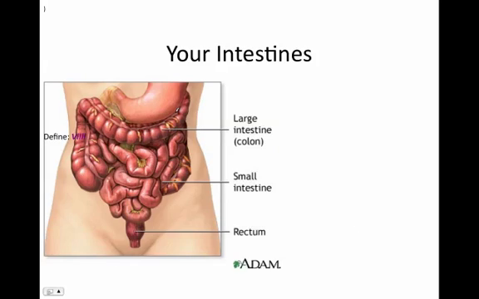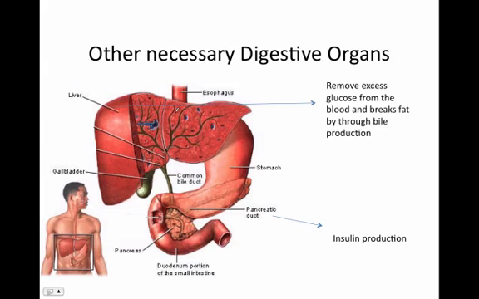We'll get into that later. So our pancreas contains insulin. Insulin helps monitor blood glucose levels, and the liver removes excess glucose from the blood and breaks down fat through bile. So the liver has glycogen, and the pancreas makes insulin.